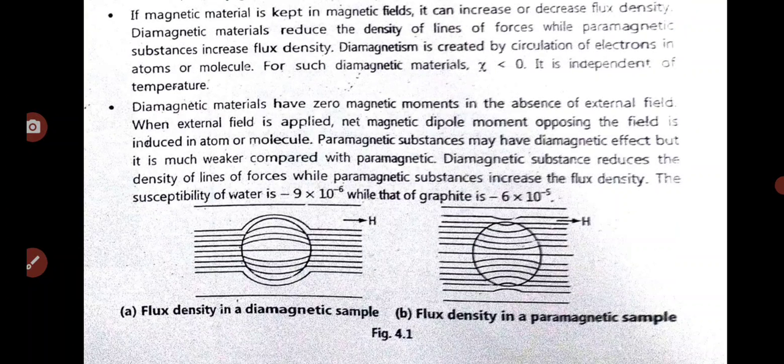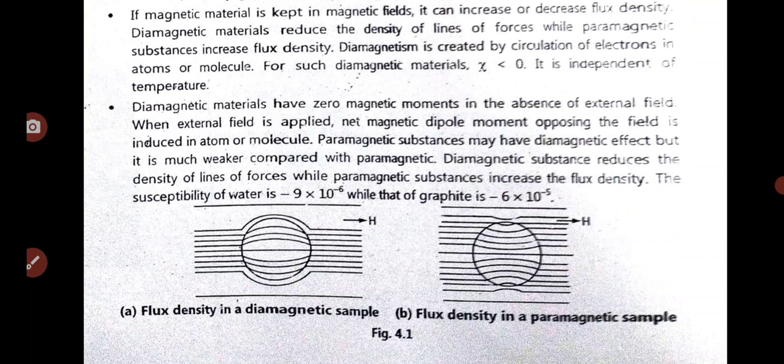Here the susceptibility is negative and the field direction is opposite to the magnetic field induction. It is independent of temperature, and a diamagnetic material has zero magnetic moment in the absence of the external magnetic field. That is the very main point.